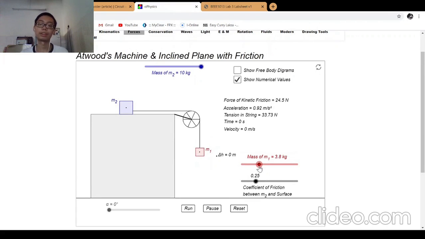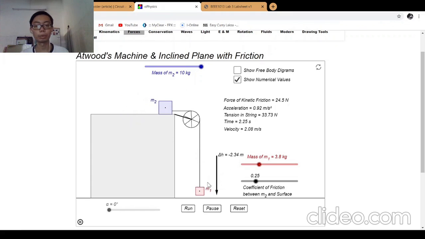We start from 3.8 kilogram and click run. As we can see, the block M2 is moving towards M1, and we don't want that. We need to decrease the mass until M2 is barely moving, so we keep decreasing the mass.